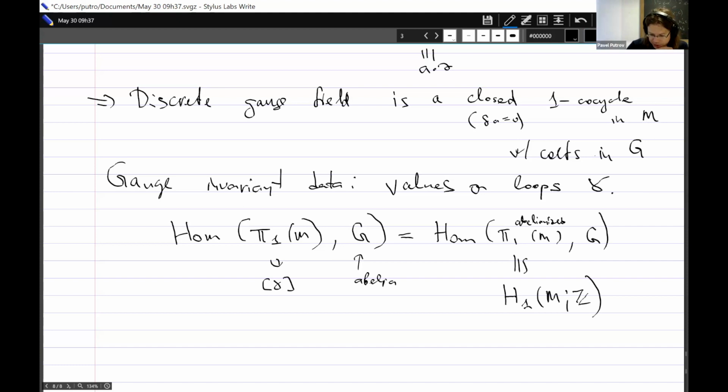And the relation is given by considering these loops as singular one-simplices. So the loop is a function from an interval to M.